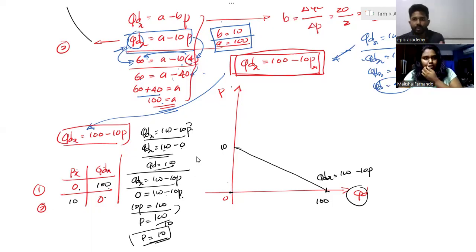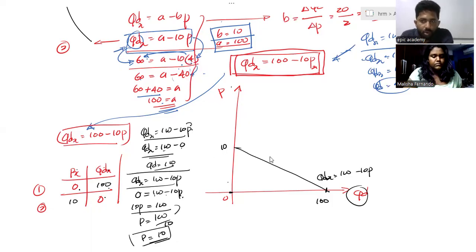Okay, right. Then if you got the schedule, by using the schedule, you must be able to create the equation. Okay, and then by using that equation, you must be able to create the demand curve.